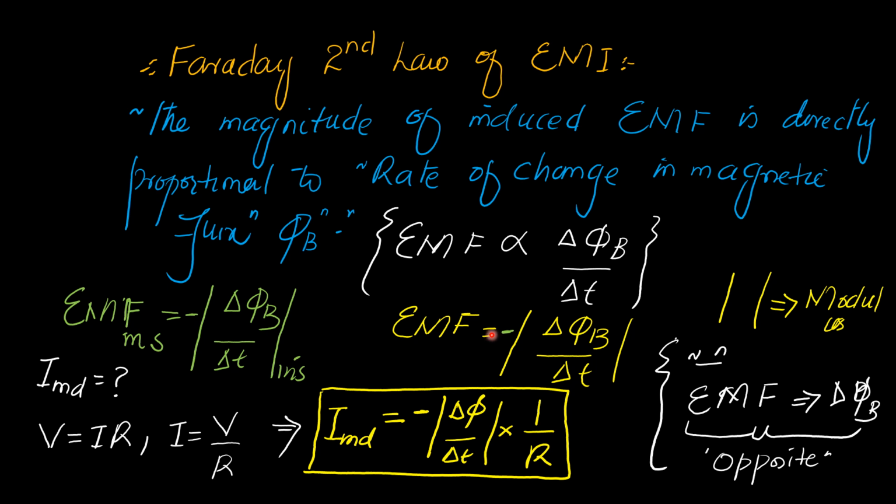Whenever there is a closed circuit, according to Ohm's law, voltage is equal to I into R, current into resistance. Then current is equal to voltage divided by resistance. Voltage is the induced EMF, and the induced EMF is the rate of change of flux. So we include the value of induced EMF here, the rate of change of flux, and divide by resistance. In this way, we can calculate an induced current in a circuit.